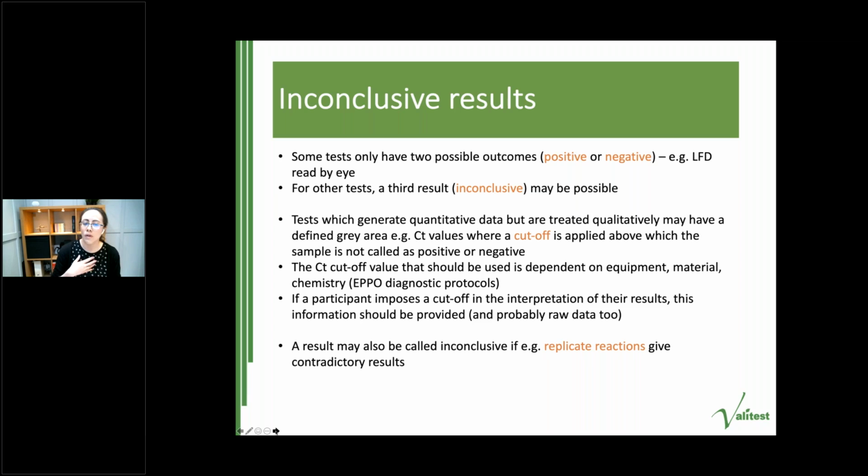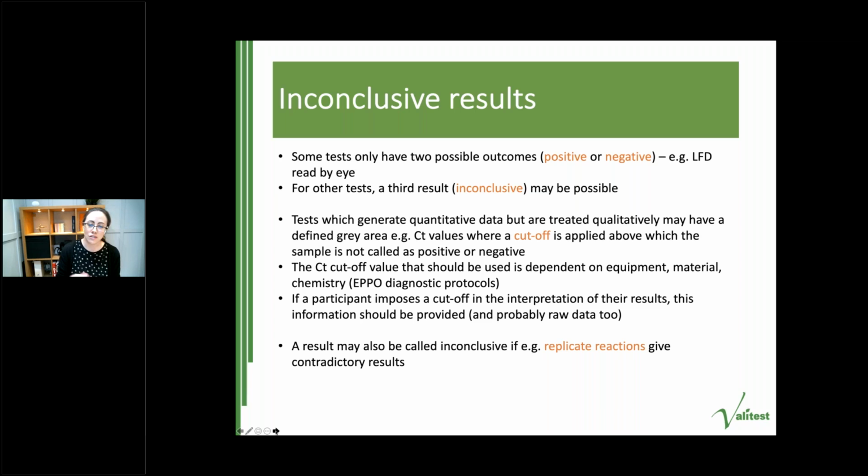So a lot of the tests which we're treating qualitatively in a plant health context actually generate quantitative data. So for example, in real-time PCR, we're trying to call the samples as either positive or negative, but we're actually recording CT values.